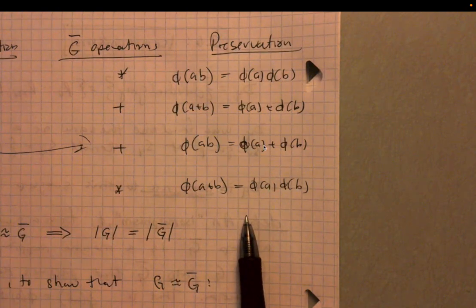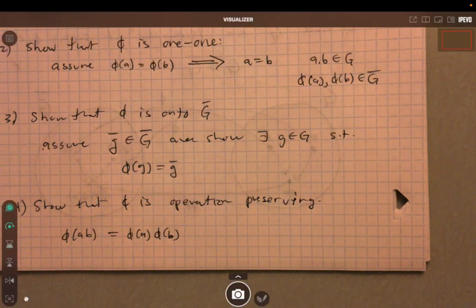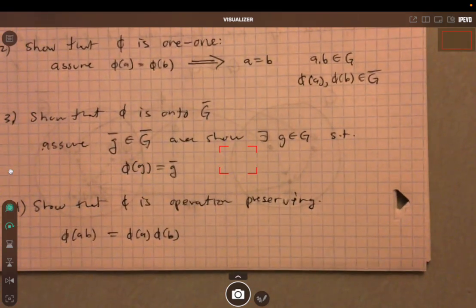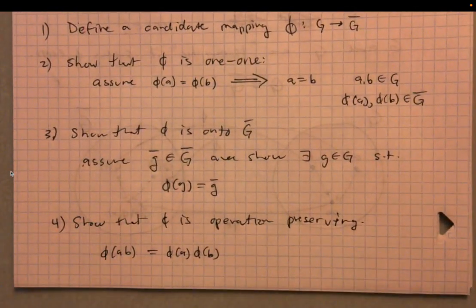One of these four options will apply to your scenario, and you need to demonstrate that. But once you have all of those items, then you have an isomorphism, and once you have an example of an isomorphism, you have isomorphic groups.